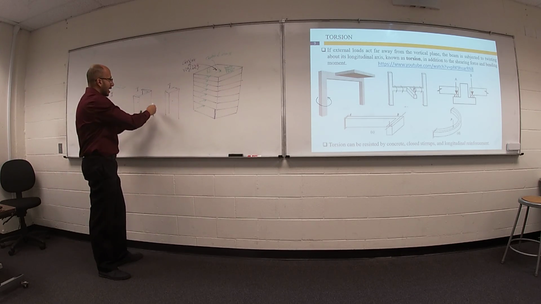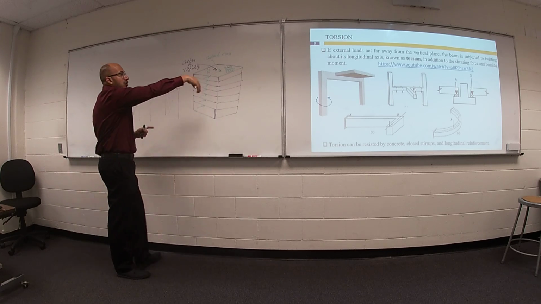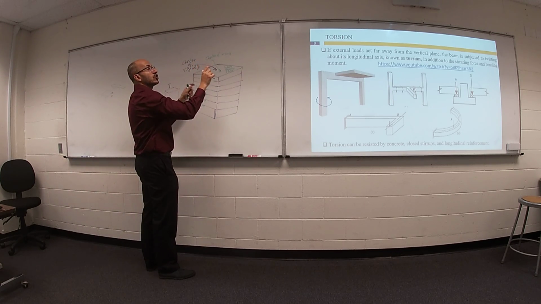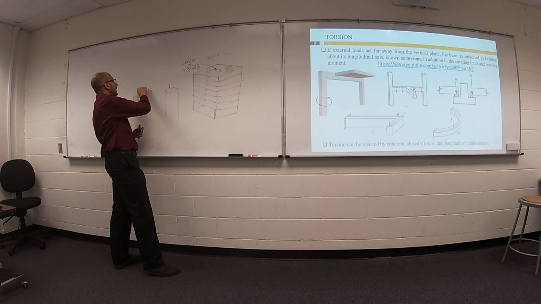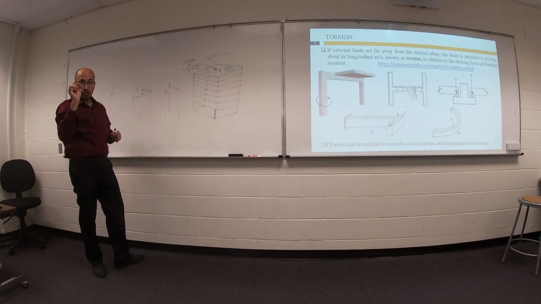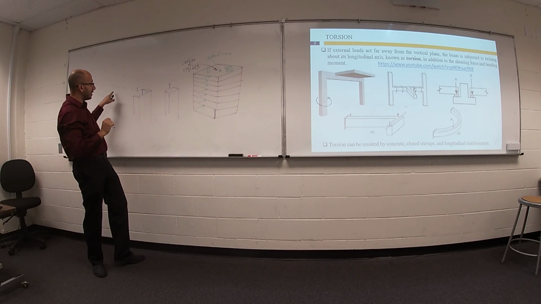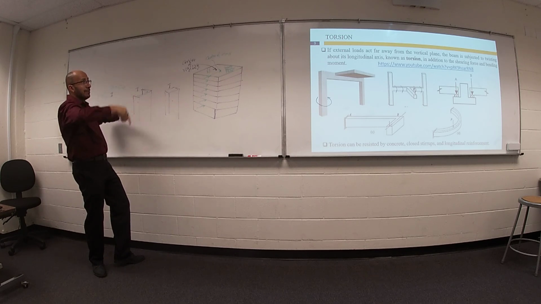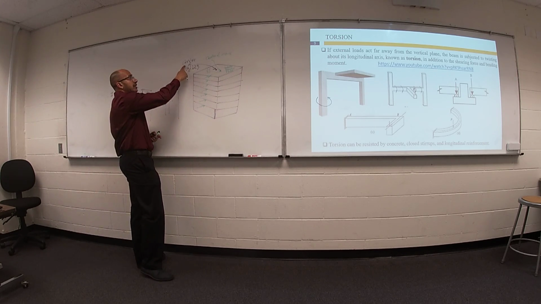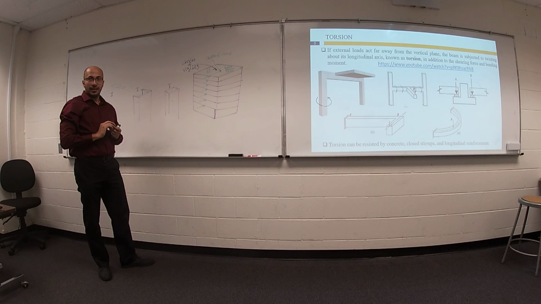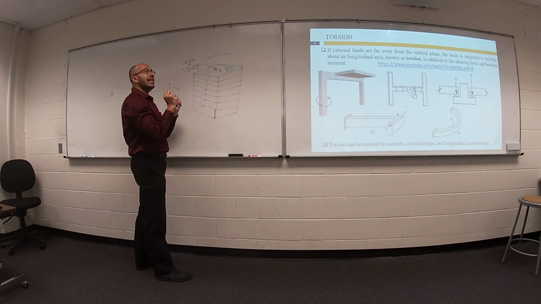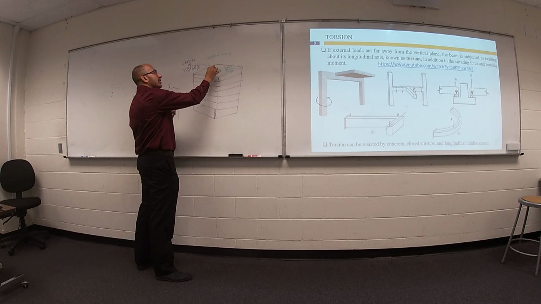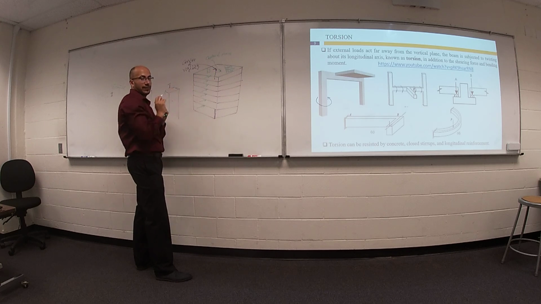We have many in your building. Where is the centroid of all of these inertia? The centroid of these inertia for this vertical member, which is called column, is called the center of rigidity. Your building will rotate around the center of rigidity.